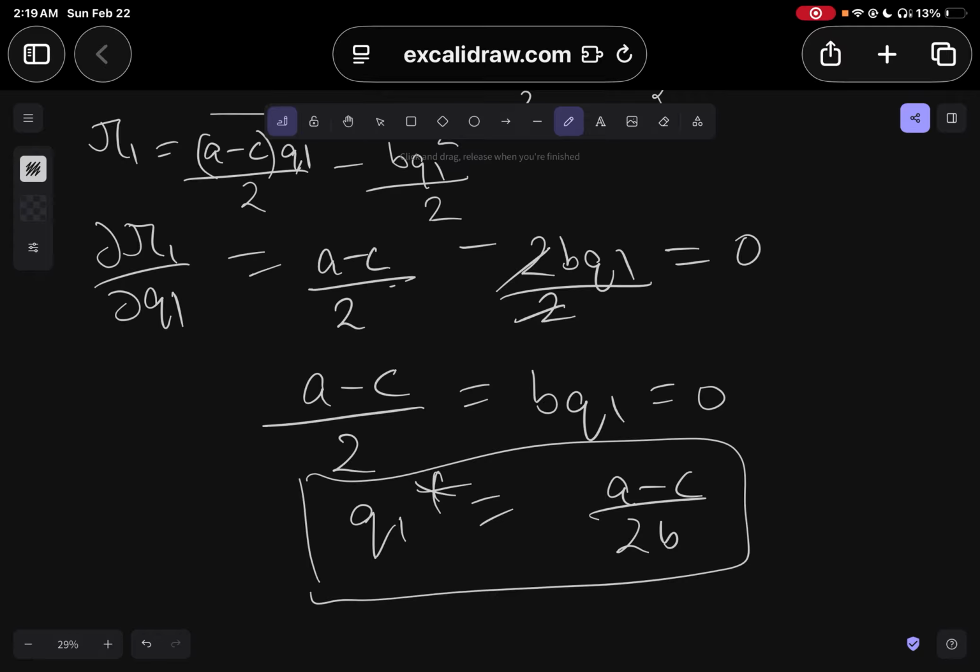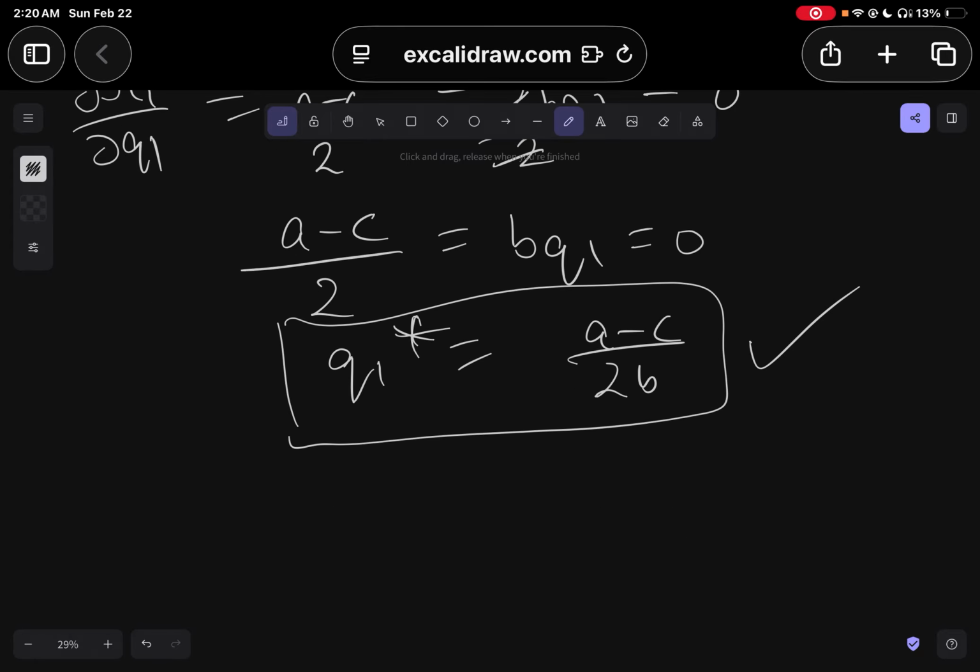The follower's problem is to wait for the leader's output and then incorporate it into their best response function to maximize their profit. In a Stackelberg model, the leader produces half of the market, while the follower produces one fourth, which is A minus C upon 2B minus Q1 by 2.